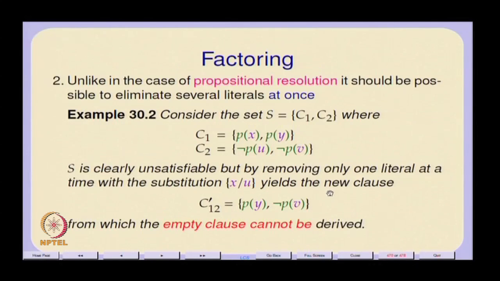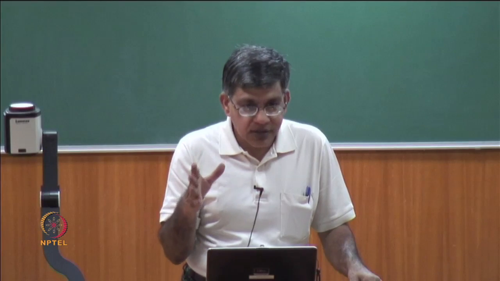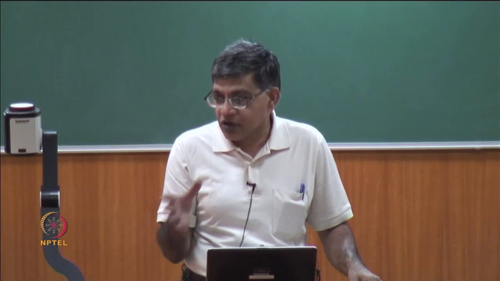So what we need to do if you want to prove something is unsatisfiable is to derive an empty clause, because that is like the empty OR, and the identity element of the empty OR is false, right. So, the empty clause represents contradiction or falsehood.